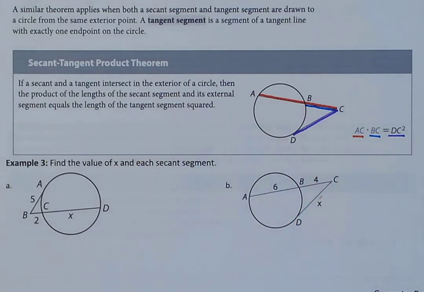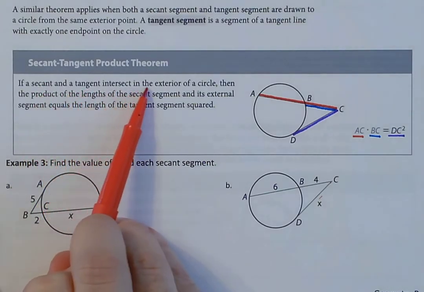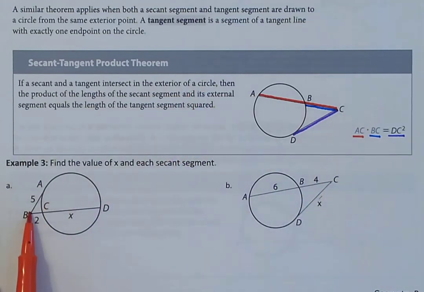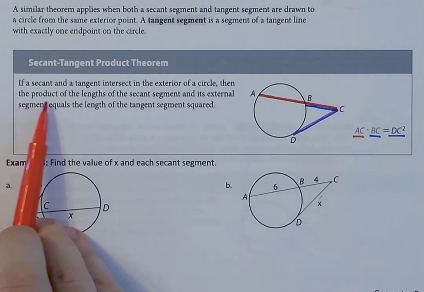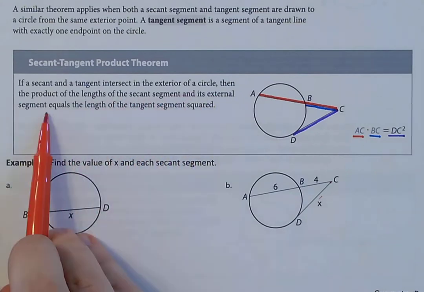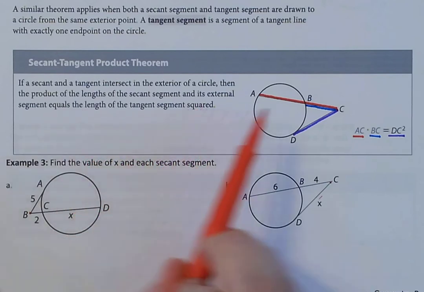So the secant tangent product theorem states that if a secant and a tangent intersect in the exterior of a circle, so they intersect at C, intersect at B, intersect at C, then the product of the lengths of the secant segment and its external segment equals the length of the tangent segment squared.